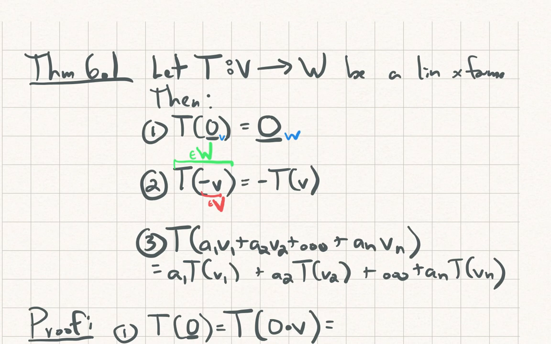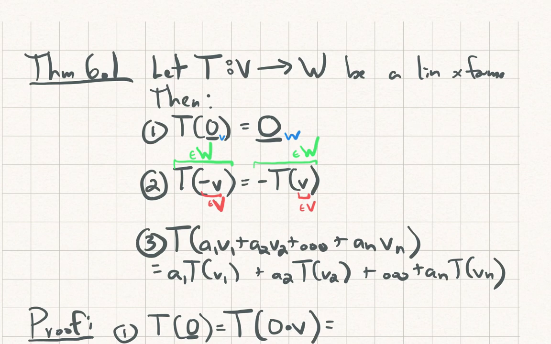So here we have that v is of course in V, and if we apply the transformation, then we get this negative T of v, which is in W. And we'll look at some examples, of course, going forward.